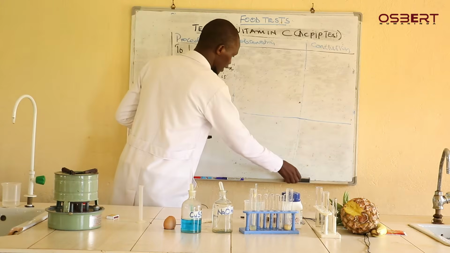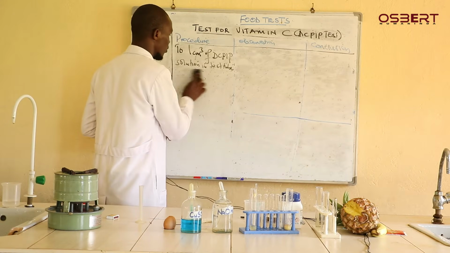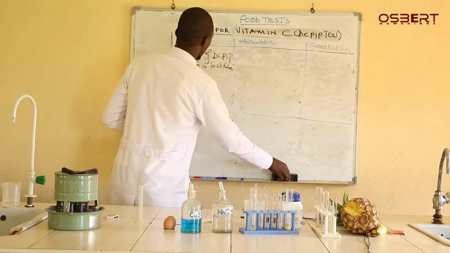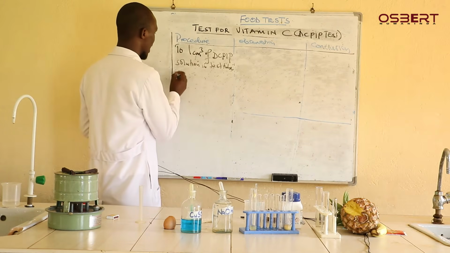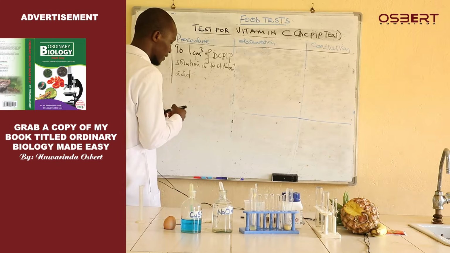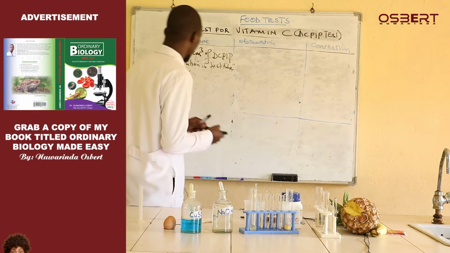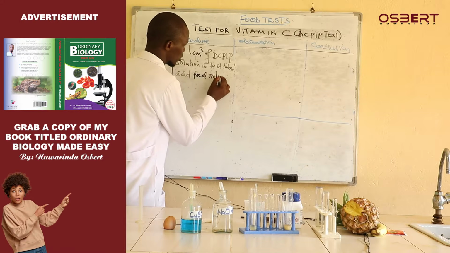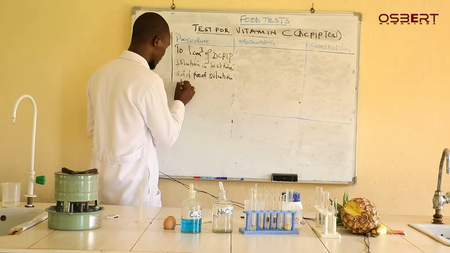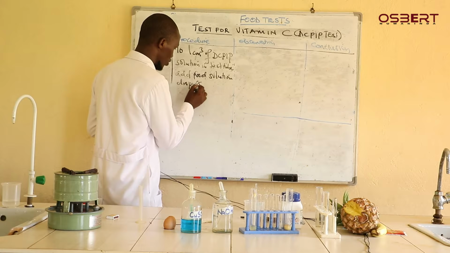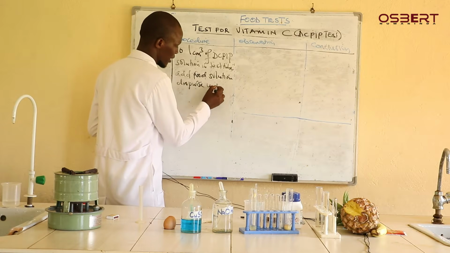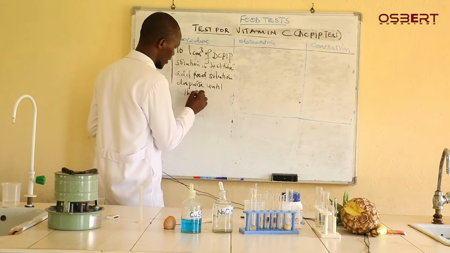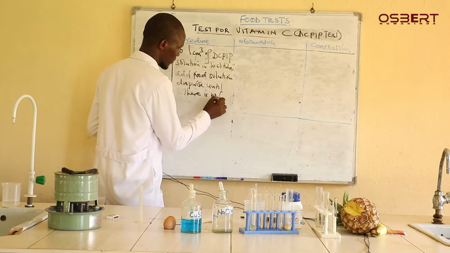But we have been writing not in reported speech. So we are going to say: the 1 centimeter tube of DCPIP in a test tube, add food solution dropwise or drop by drop until there is no further change.